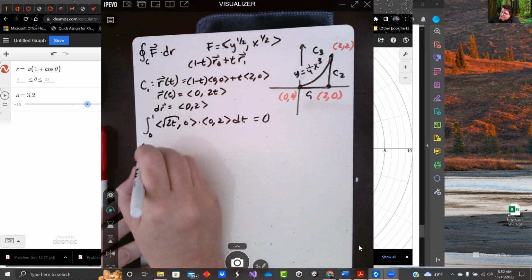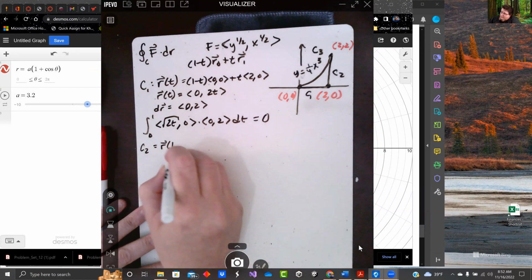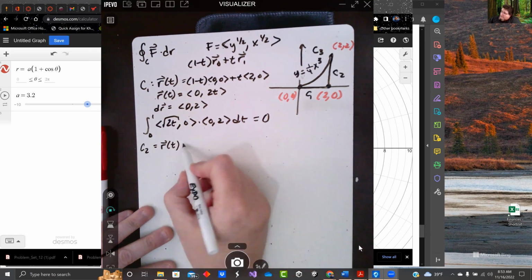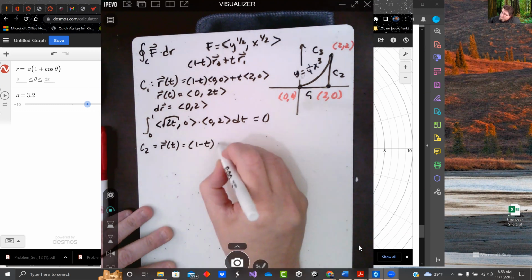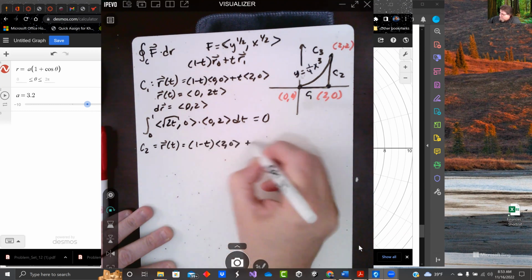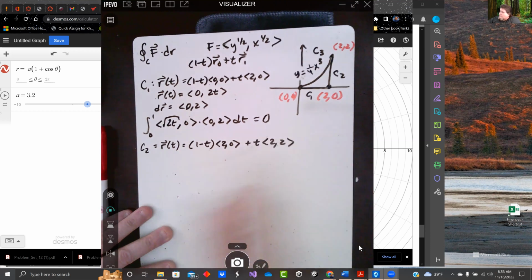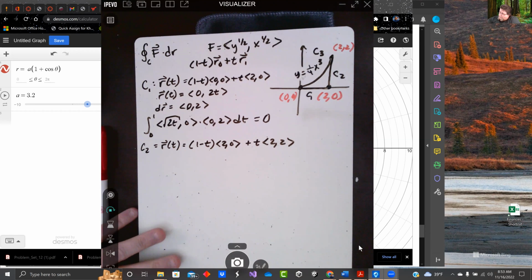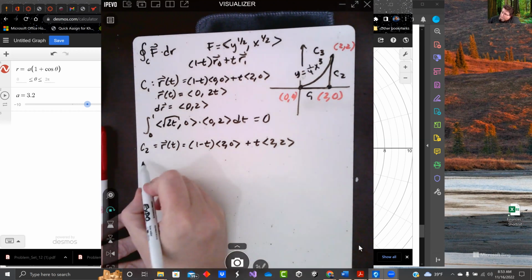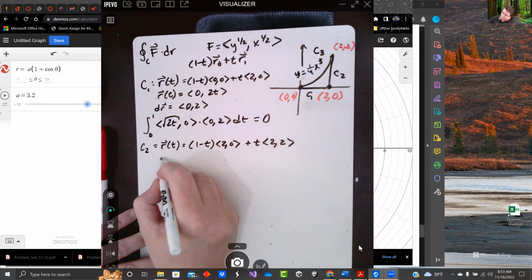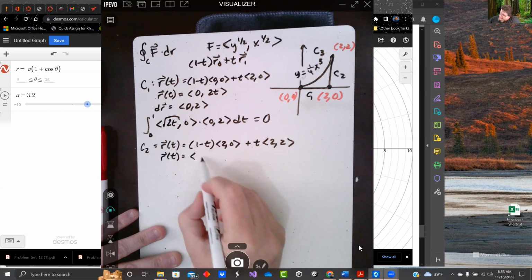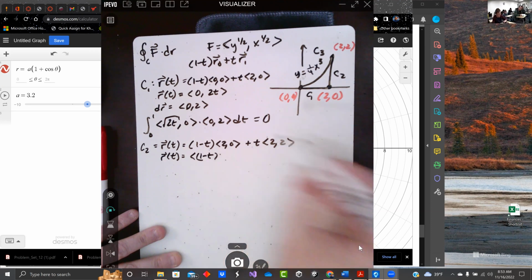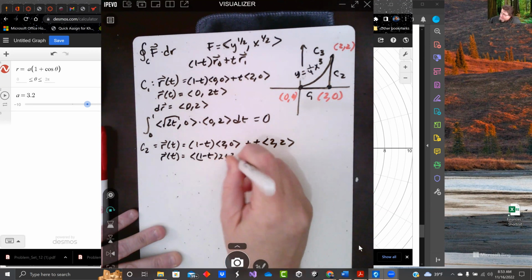So now we take a look at C2. We set up our R of T the same way. So for my first part, I've got 1 minus T times 2, plus 2T.